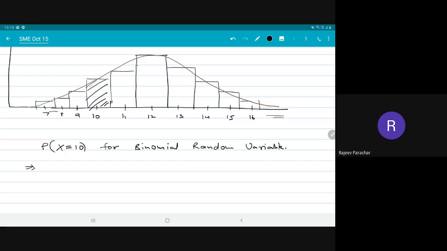Let's also write this numerically: x takes on value 10 with the sample size being 20 and probability of success being 0.6. So this is n, this is p, two parameters of a binomial distribution. Uppercase B here means that this is a cumulative binomial distribution.